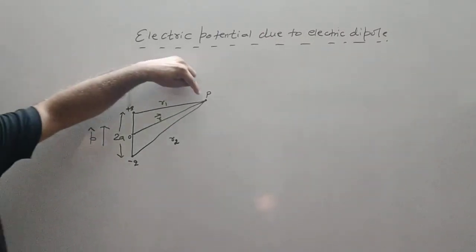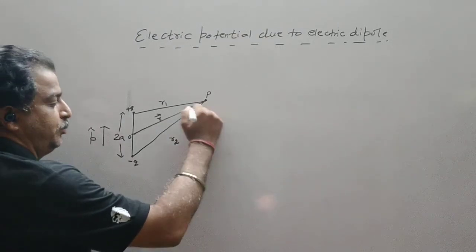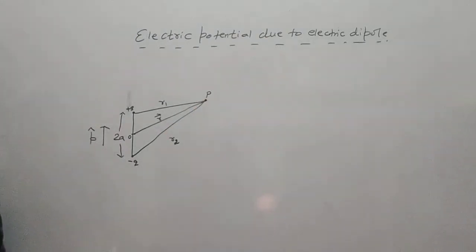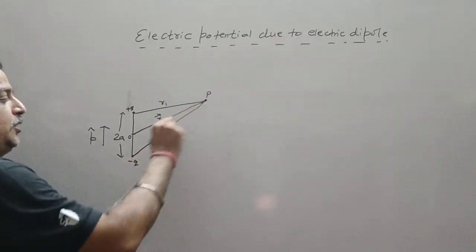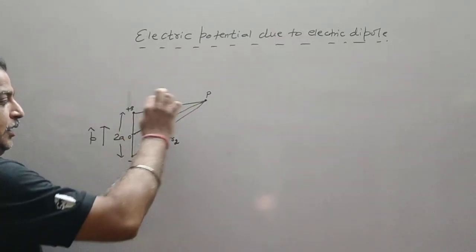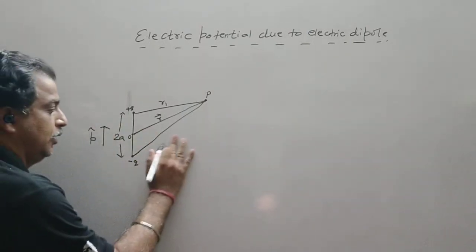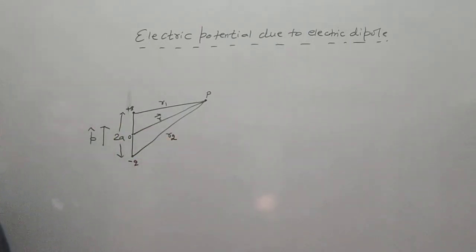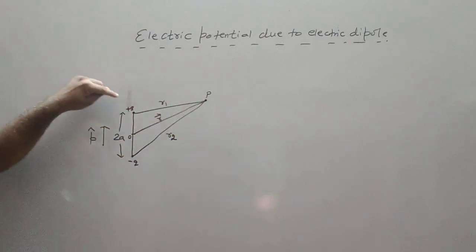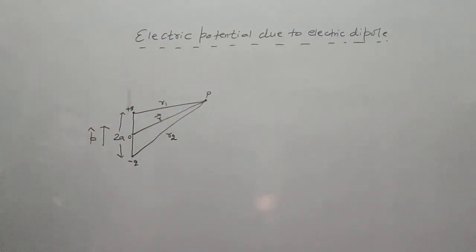The point P keeps on changing, so its position is denoted by R vector. R1 and R2 we are calling distances. So R1, R2 is the distance of point P from plus Q and minus Q charge of a dipole.